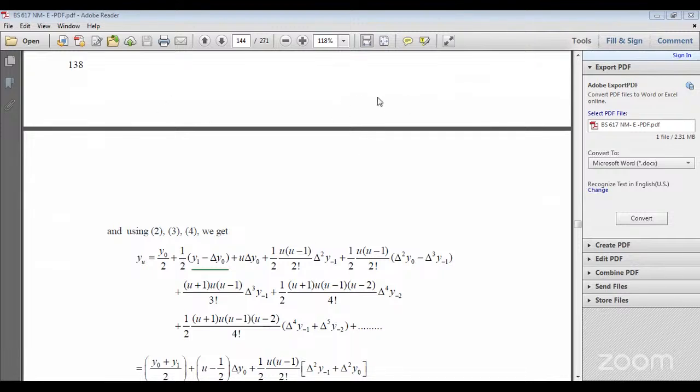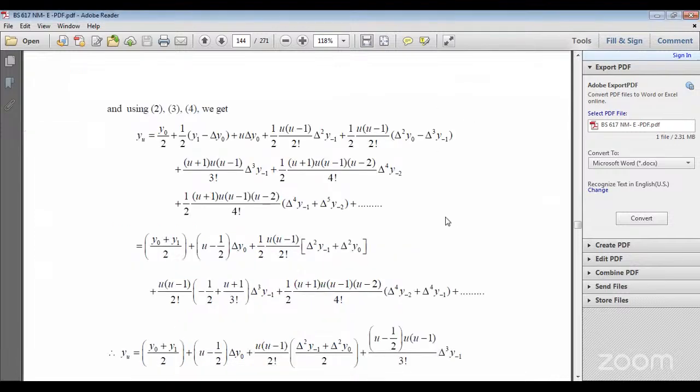So therefore, we are taking here u plus 1 into u into u minus 1 by 3 factorial del cube y minus 1.